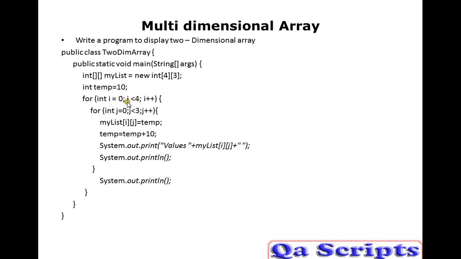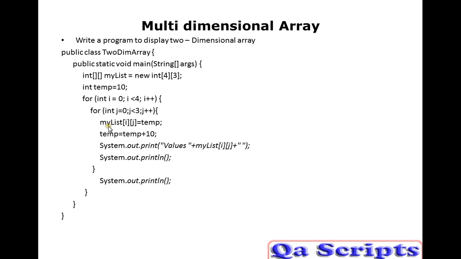Sorry, I was confused. The condition I am giving here is i less than 4, so it should iterate fewer than 4 times. Now I am using one more for loop where I am declaring variable j and initializing it, j equals 0 and j less than 3. I am hard coding it, of course, and j++.